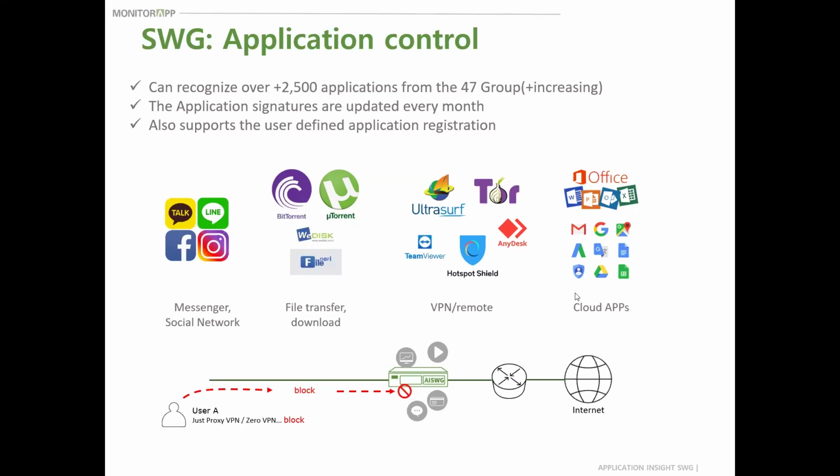These signatures are also updated every month to support new and updated applications. If you have your own private or customized application, SWG provides a function to register it yourself with a regular expression.